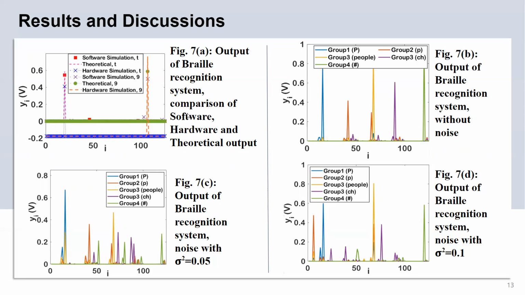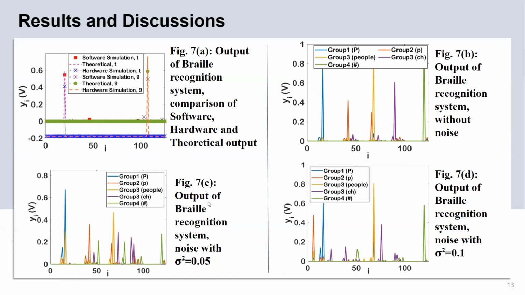Figure 7a is a comparison of software, hardware, and theoretical output of the Softmax function for the Braille character small t and 9, and figure 7b, the Softmax output of the Braille system without noise for different characters belonging to group 1, group 2, group 3, and group 4.